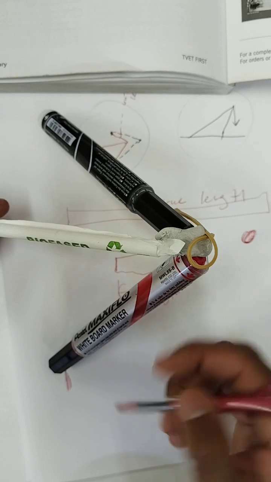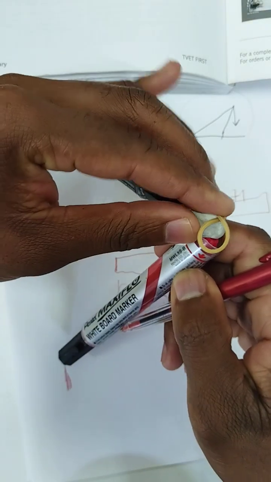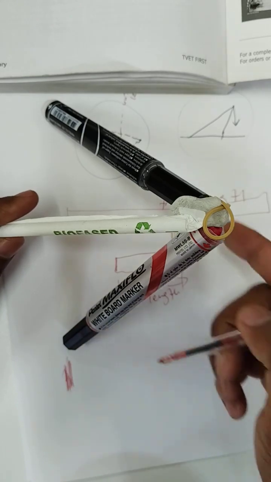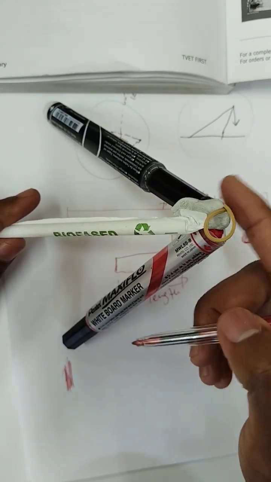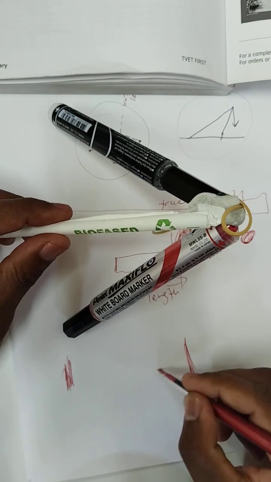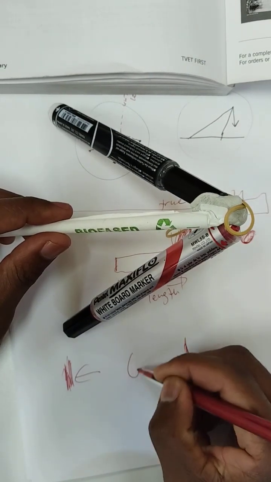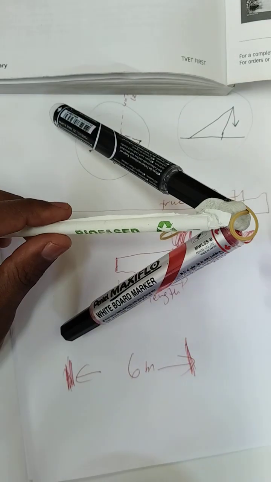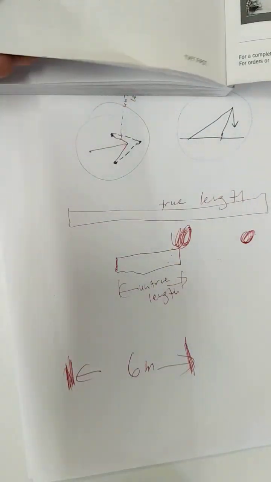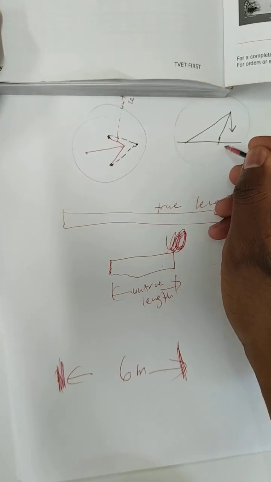So it means that the distance from here, from the hinge where these legs are hinged or fixed, to the apex, to there, it's 6 meter. Okay, which is this distance here?